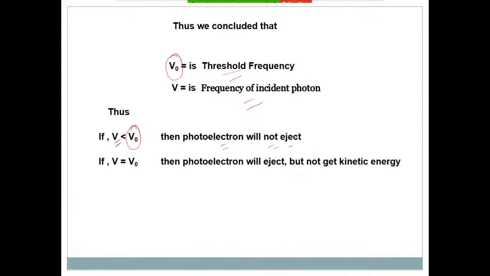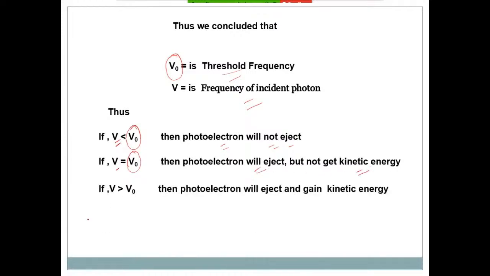If nu is equal to nu naught, then the photoelectron will eject but not get kinetic energy. If nu is greater than nu naught, then the photoelectron will eject and gain kinetic energy.